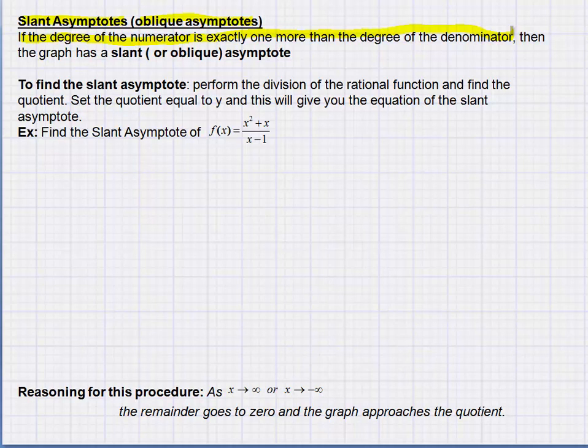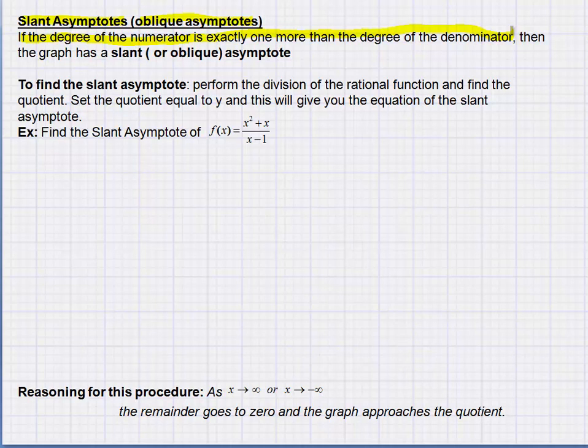Now, if you think about that, when would you not have a horizontal asymptote? You would not have a horizontal asymptote when the degree of the numerator is bigger. So if we have a slant asymptote, we don't have a horizontal asymptote. And we'll only have a slant asymptote not only if the degree of the numerator is bigger, but exactly 1 degree bigger.